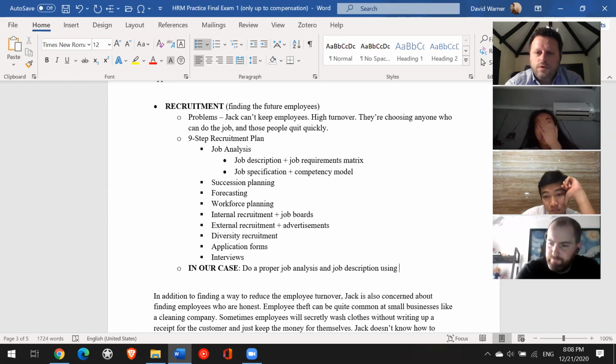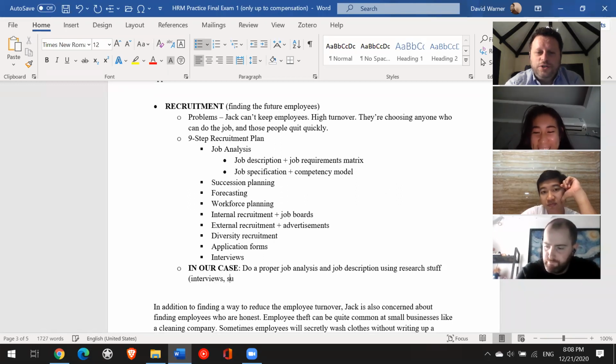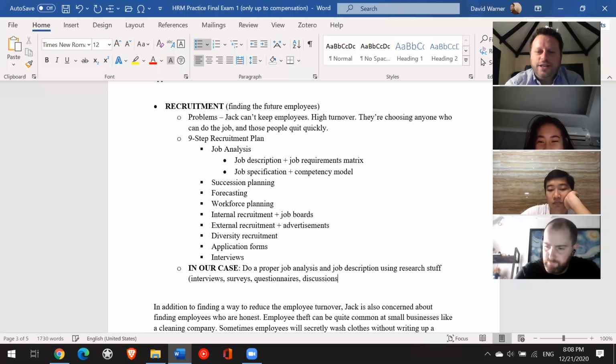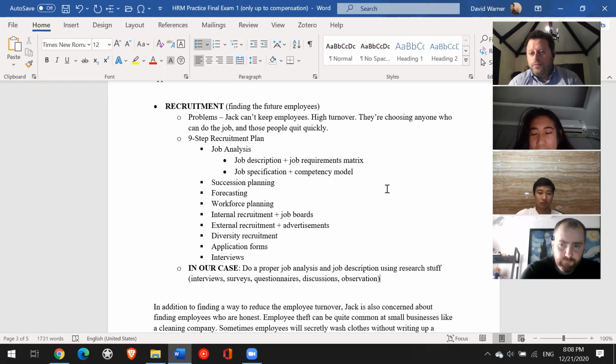They research that, by using research methods: interviews, surveys, questionnaires, discussions, observation. That is part of the answer, because Jack truly doesn't know.